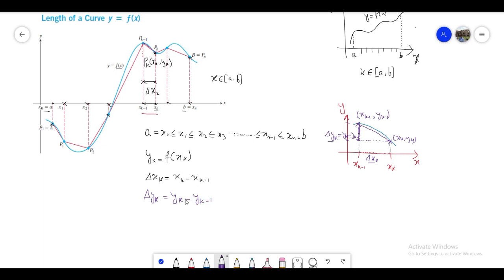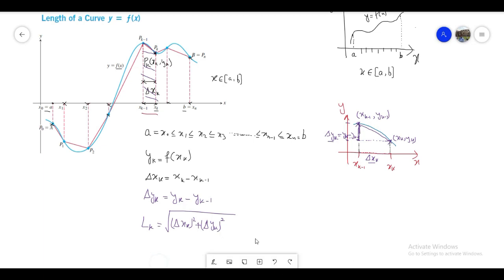Now if you want to compute the distance from this point to this point, we can use the notation lk, because for the moment we are just computing the distance of one segment. So lk, by the usual distance formula, is the square root of delta xk squared plus delta yk squared.